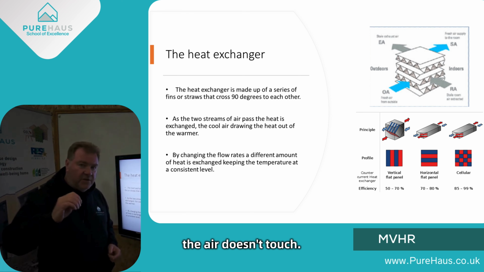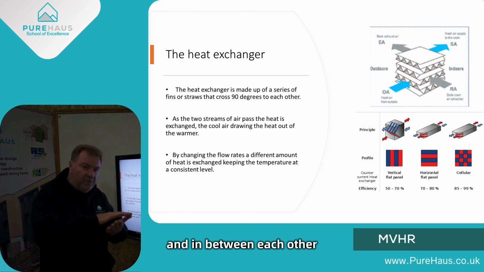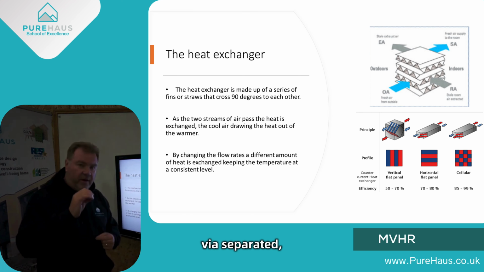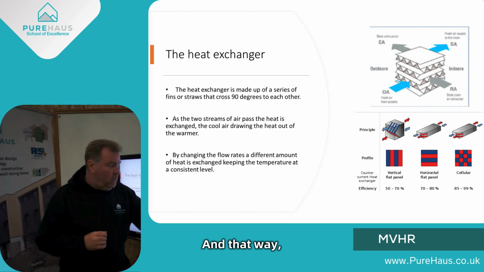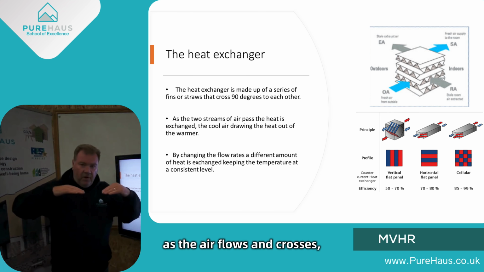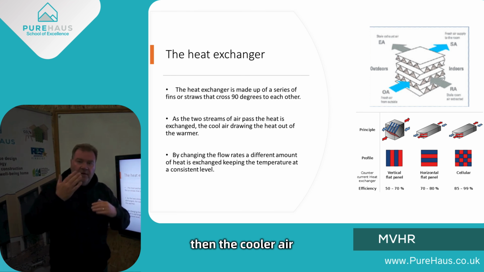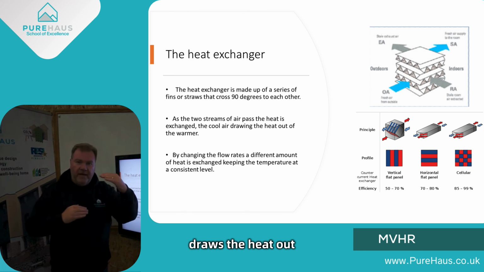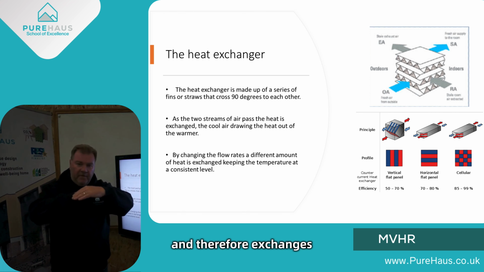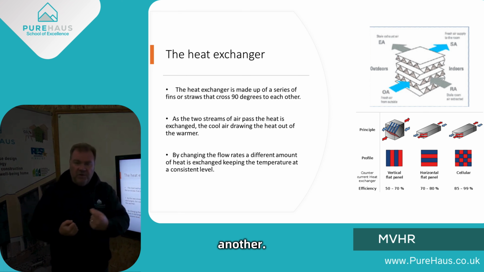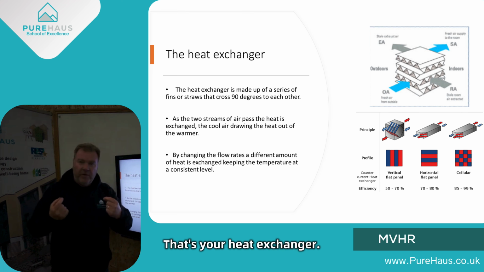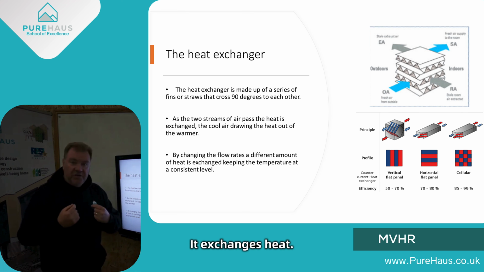The air doesn't touch. It just passes very close and in between each other, separated by what I always refer to as straws. And that way, as the air flows and crosses, the cooler air draws the heat out of the warmer air, and therefore exchanges the heat from one flow to another. That's your heat exchanger. It exchanges heat.